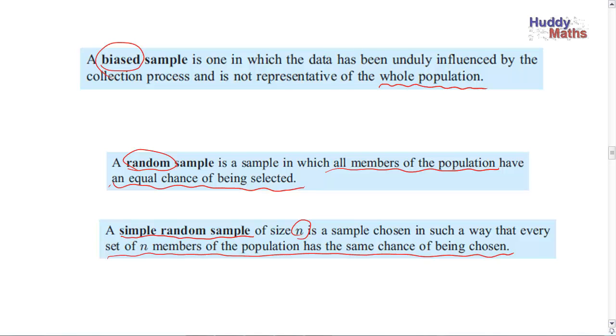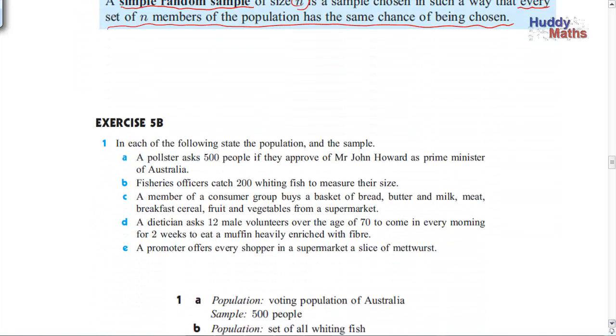Every set of 50 people that you took would be representative; they have the same chance of being chosen as any other group of n or 50 people. All right, so there are some ideas. Again, pause the presentation and make some notes. Let's go on and have a look now at some exercises.